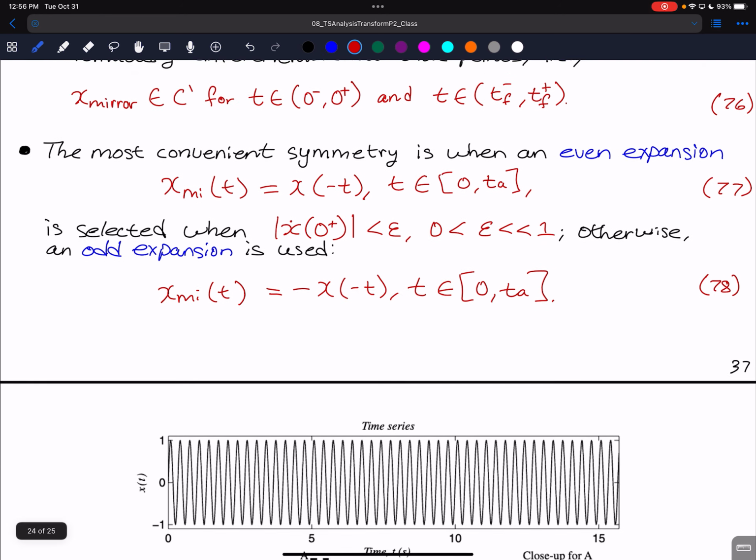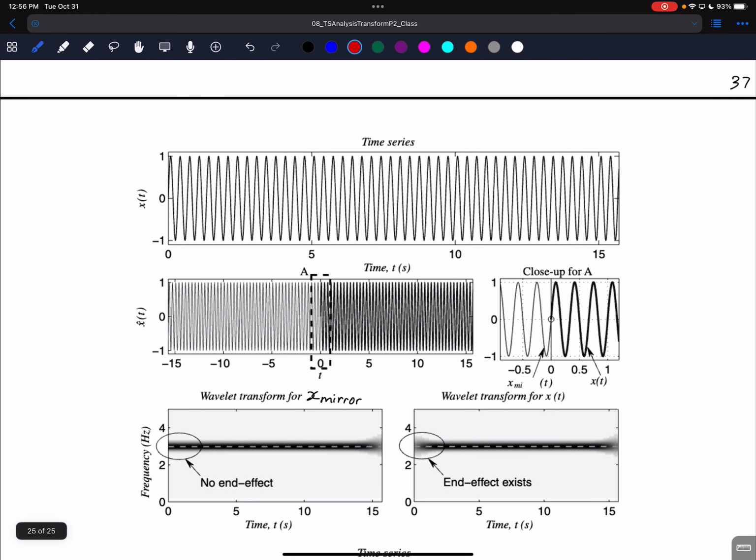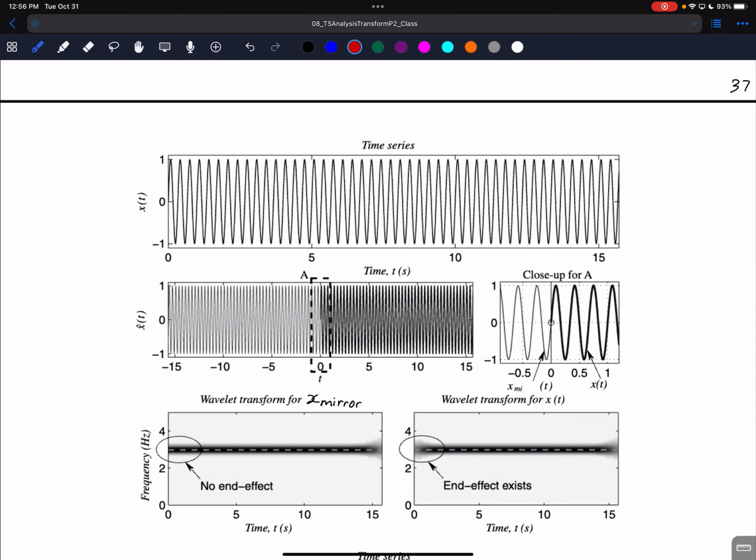All right, let's take a look at some examples here. This signal is x of t equal to the sine of 6 pi t. And here we're looking at just mirroring at the beginning of a signal.